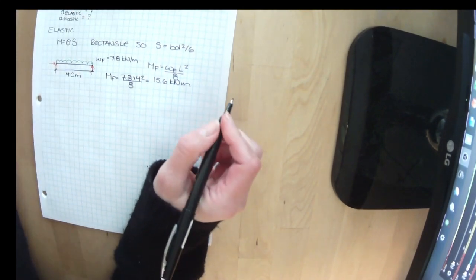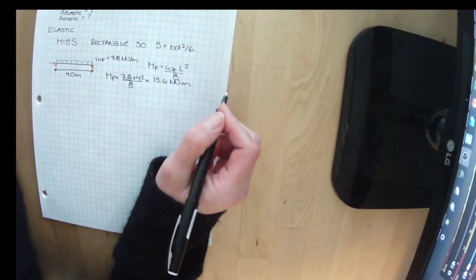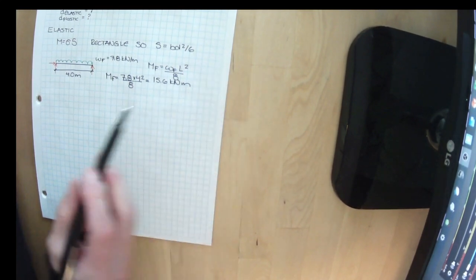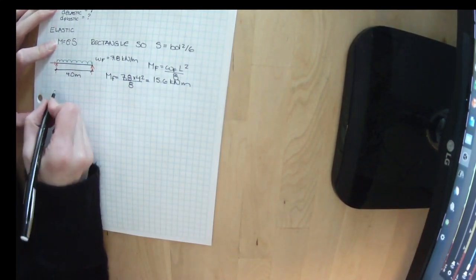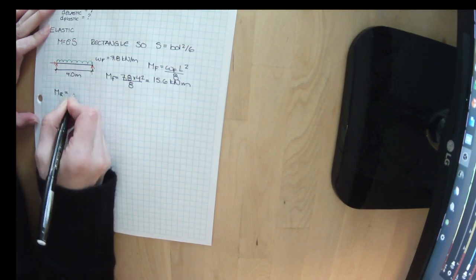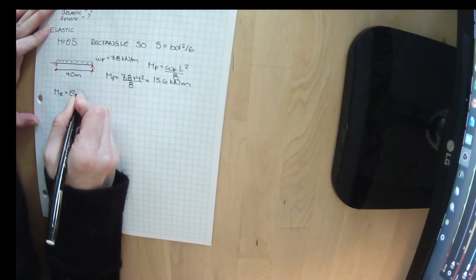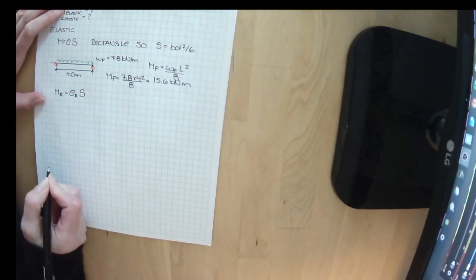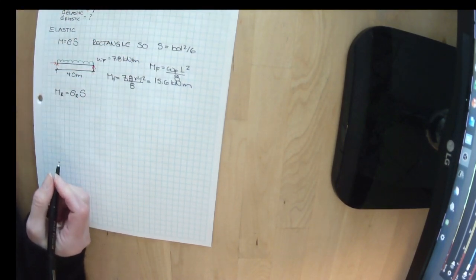So we have the actual moment that this beam is going to see. We know that MR is going to equal our stress R times our S, or BD squared divided by 6.